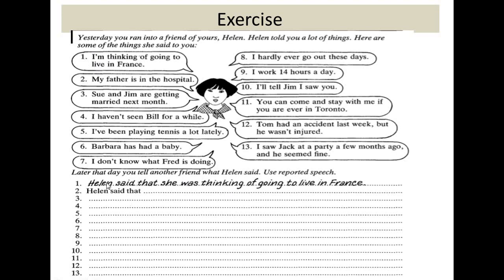Then see the second: My father is in the hospital. So what do we say? Helen said that what? My becomes her. Her father is, we put is in the past, was in the hospital. So Helen said that her father was in the hospital.